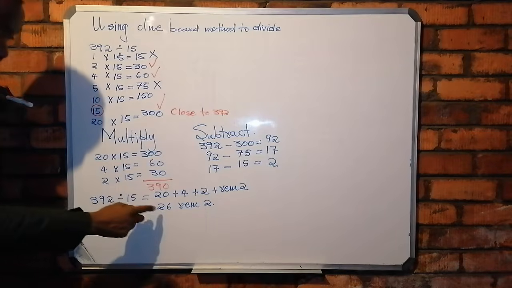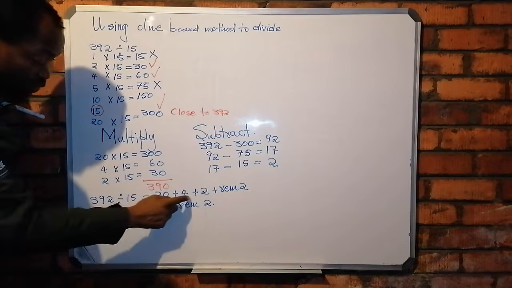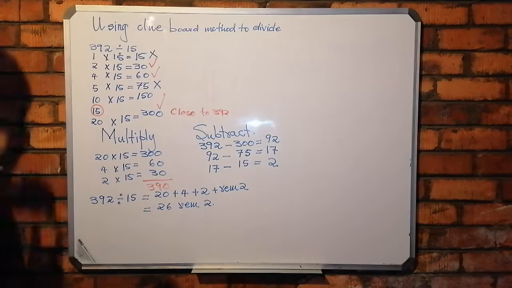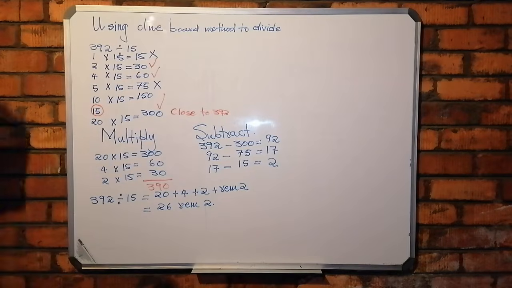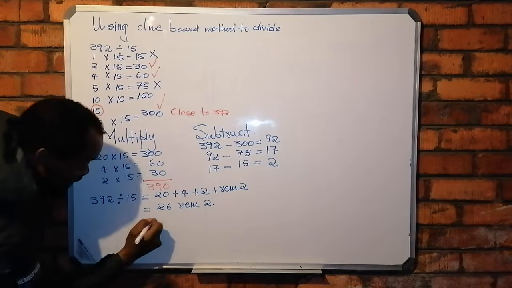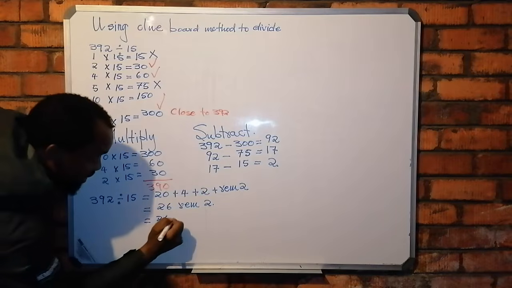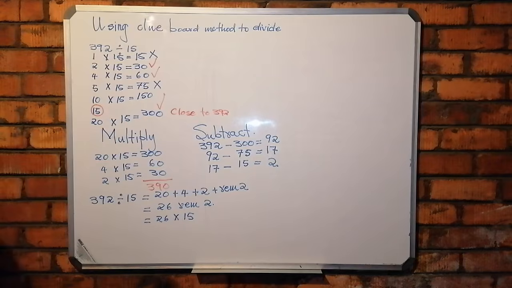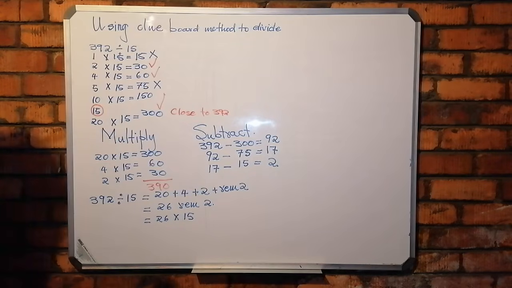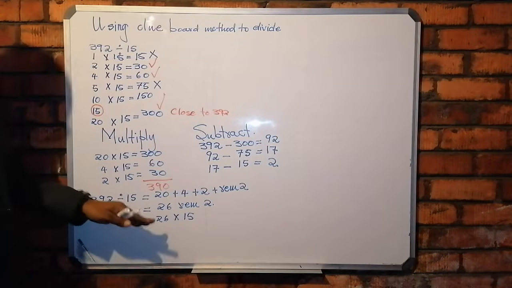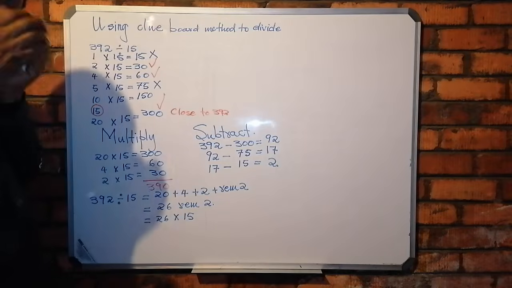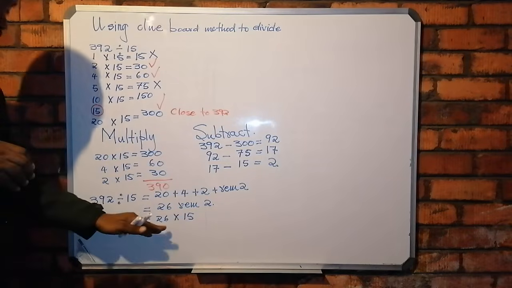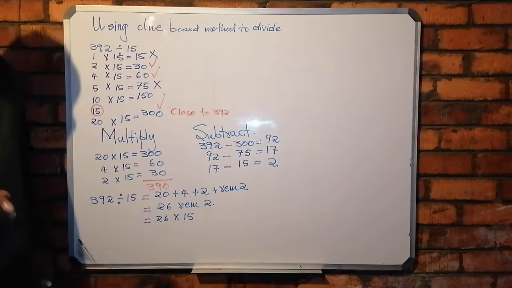Mummies, I take the 26 that I got from here, I multiply it by 15. That is 26 multiplied by 15. Now, we don't want to struggle with that and say, what is 26 multiplied by 15? Remember, I'm helping the little ones here, mummies.